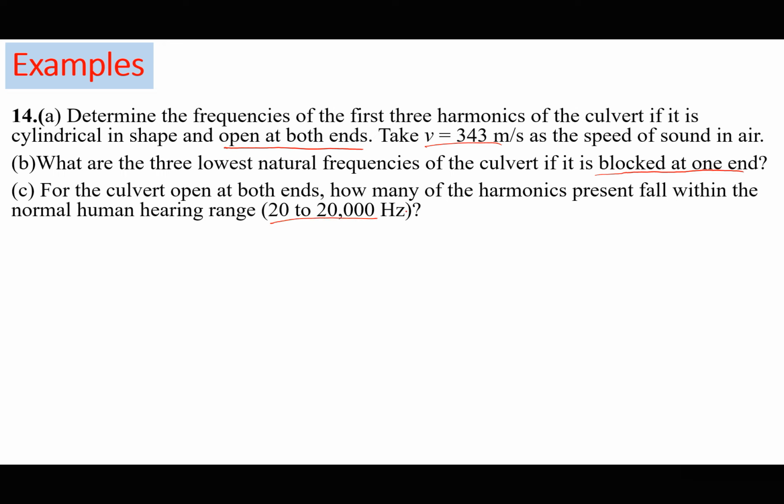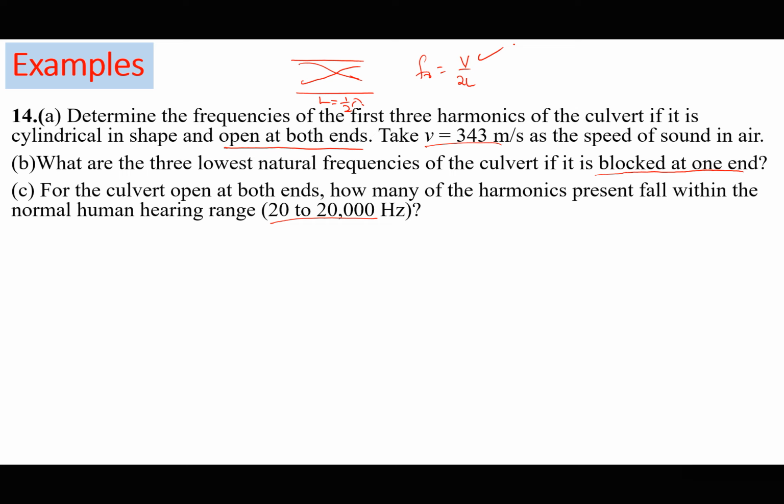Of course, we know this normal human hearing range. So since it is behaving as an open pipe first, in the fundamental mode, we have already seen that the frequency is equal to V over 2L because the length here is half of a cycle. So the wavelength is twice L. So we have the speed V, and the length.